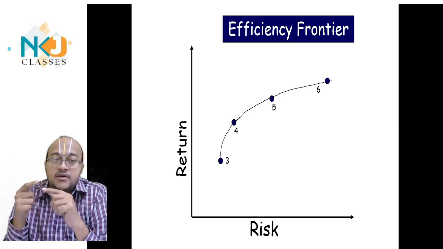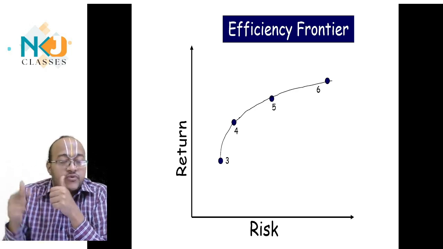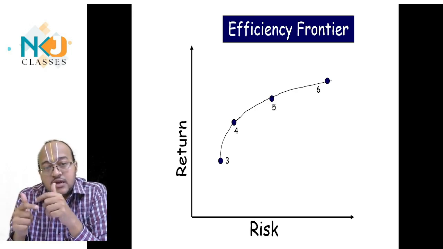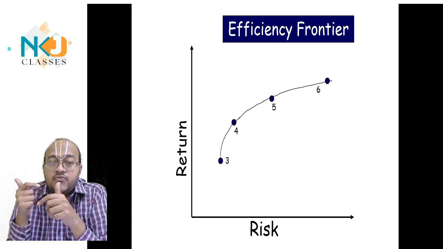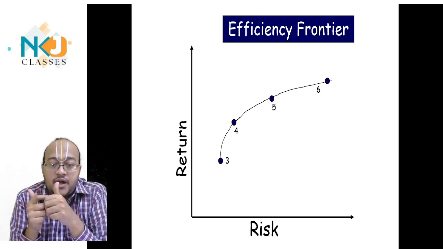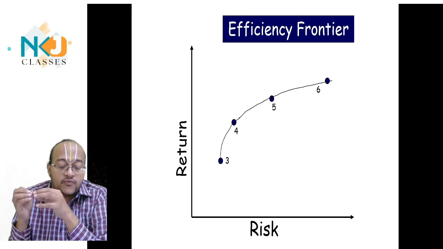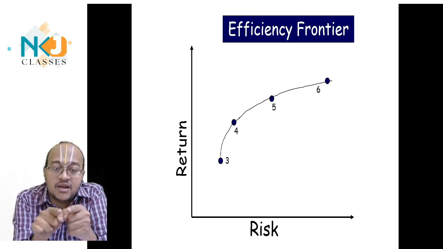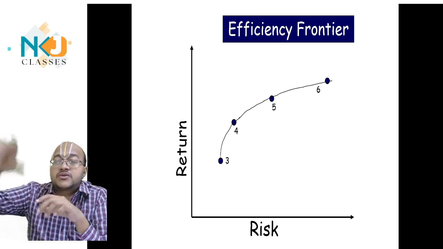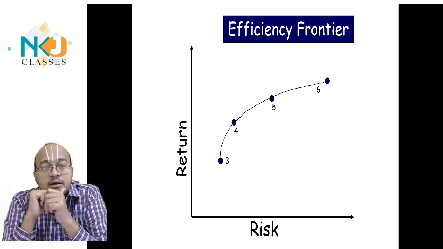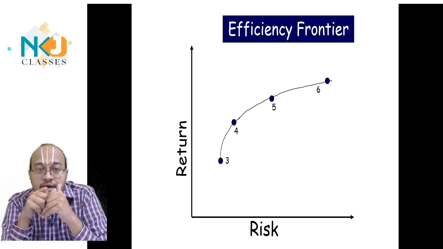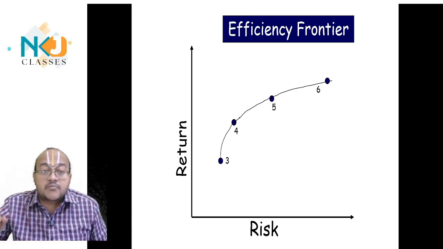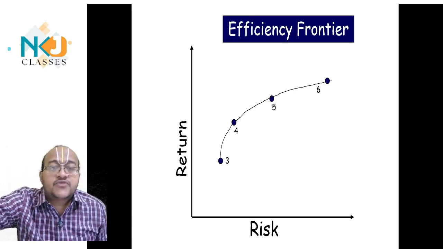But 4 is having more risk, more return. 5 is having even more risk and more return. 6 is giving even more return, but for a higher risk. So 3, 4, 5 and 6 have more return, but with increasing levels of risk. So how much risk I should take also determines which portfolio you select from the efficiency frontier.